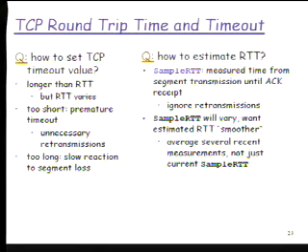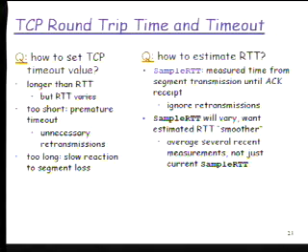If it's too long, then our reaction to a segment loss is going to be very slow, and that will also affect performance. So we'll see what the choice was for TCP in setting this timeout value.